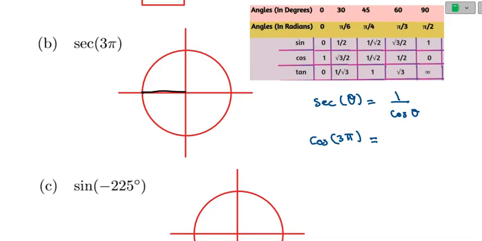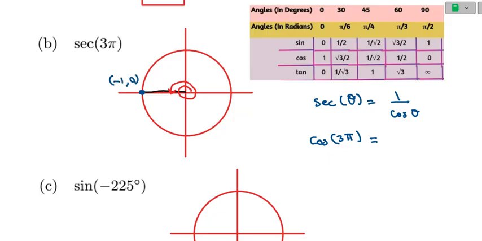First of all, 3 pi is not difficult to graph. It's going to be 3 times pi, or 3 half circles. This is 1 half circle, this is 2 half circles, and this is the third half circle. So the easiest way is to determine you are right here, and the coordinate is minus 1, 0.